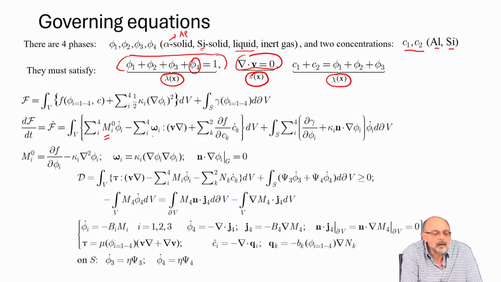Then a tensor here, omega I. For each phase field there is one tensor omega, which will turn out to be what we call the capillary stress tensor. This is a dyadic product, gradient dyad gradient. That expends power on the velocity gradient because it's a stress. And then I have those partials of free energy with respect to the two concentrations.